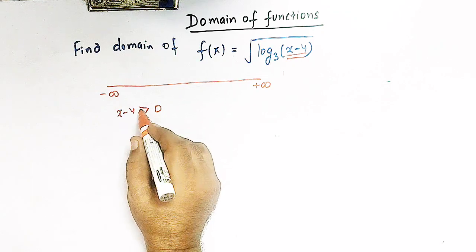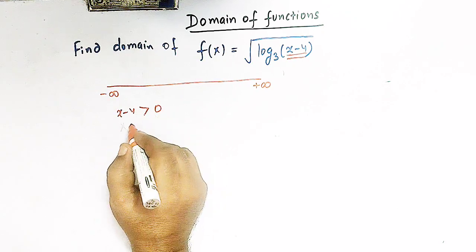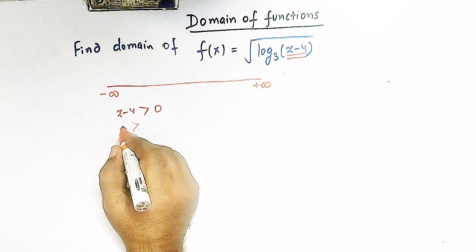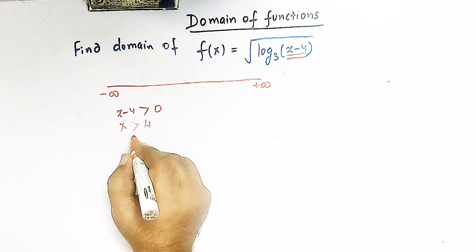So x minus 4 should be a positive quantity. If we solve this inequality, we'll get x greater than 4.